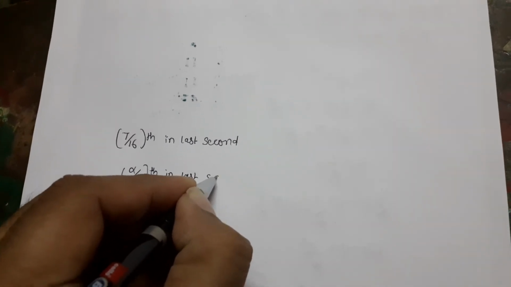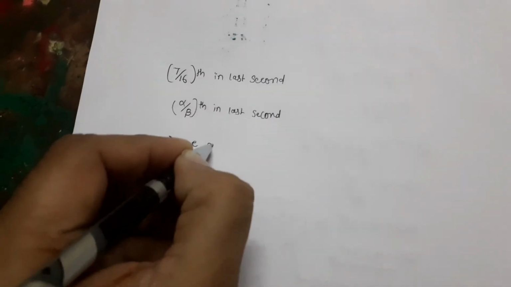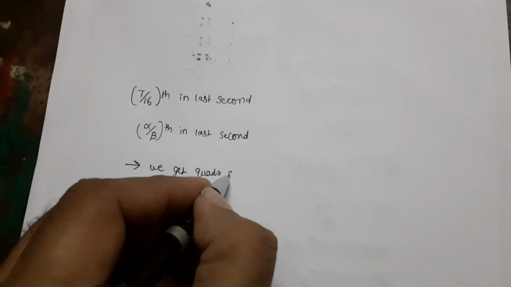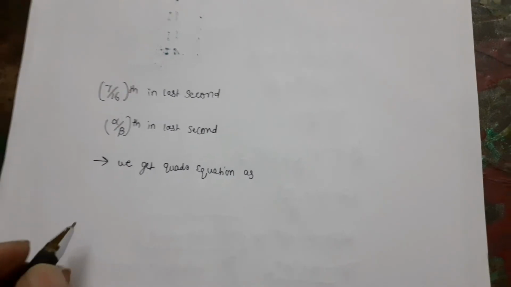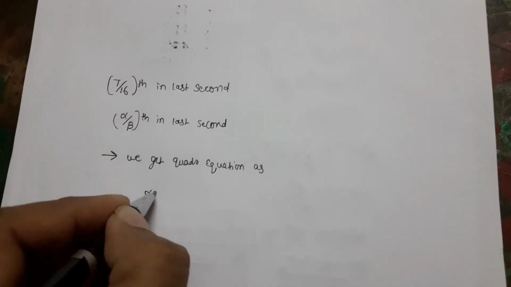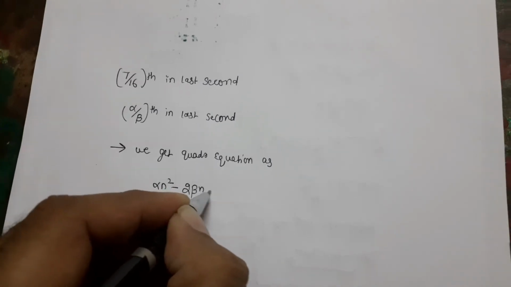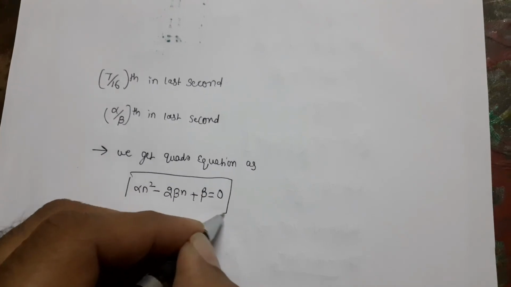In that case, we get a quadratic equation like this. I am not trying to solve the whole equation, I am just keeping this one, plus beta is equal to 0. You may ask me how I got this equation.